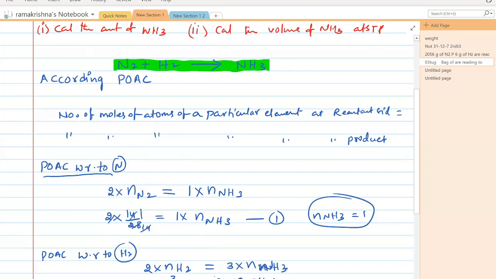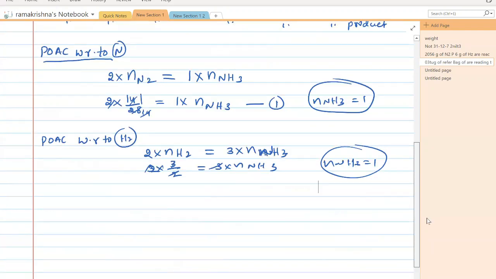What do you get? Again, you will get 1, the same answer. This is how we can find it when they give an unbalanced equation. This is how we can apply POAC. Understood? So this is about POAC.